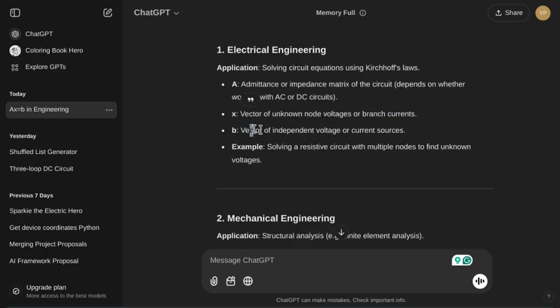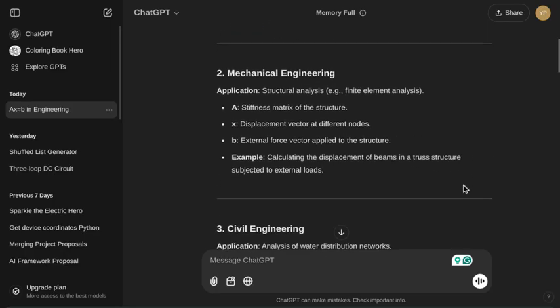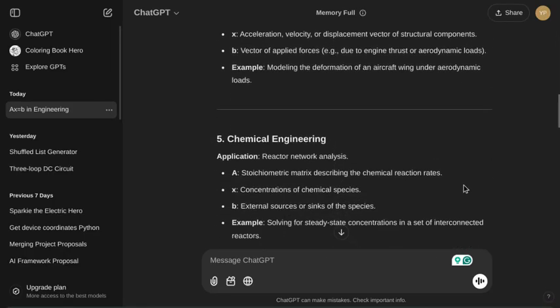Here you see B is the vector of independent voltages or current sources. Solving resistive circuit with multiple nodes to find unknown voltages or currents like that. So same way you can find in various other domains also, mechanical, civil, aerospace, and so on.